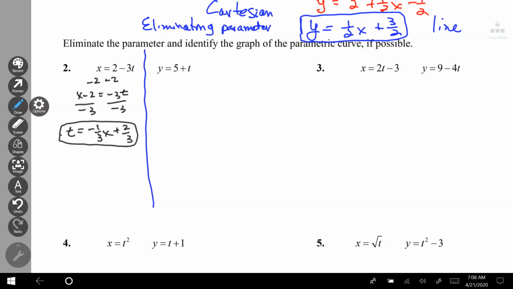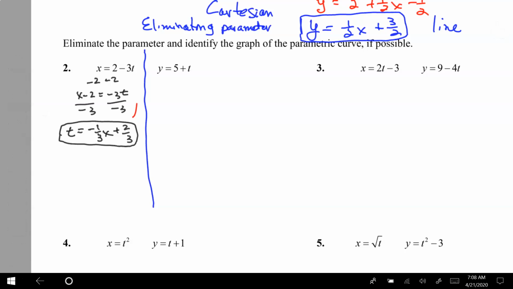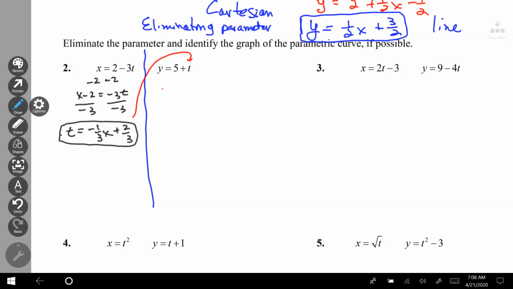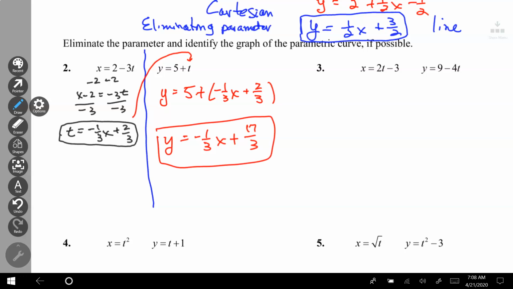You notice I took my first equation, I solved it for t, and I'm going to take this result for t. I'm going to substitute it in. So y equals 5 plus -1/3 x plus 2/3. And finally get y equals -1/3 x plus 5 2/3, or 17/3. That is a line.